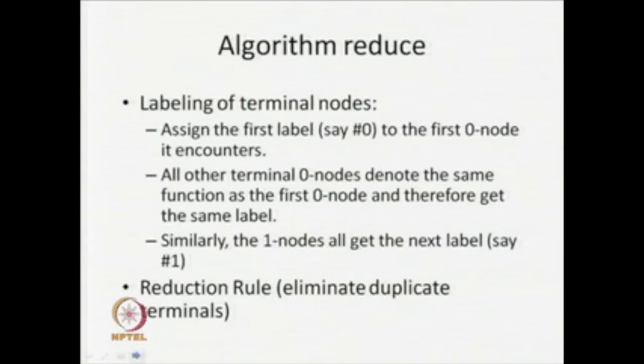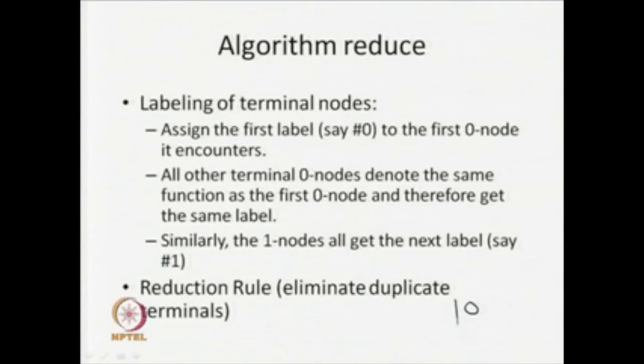Now, next task is to label the nodes. So, how are we going to label the nodes? We label 0 to the first 0 node it encounters. We are going to follow a bottom up approach starting from the terminal nodes. So, first we are going to get some 0 node, we may have more than one node labeled by 0, then we are going to assign label 0 to those particular 0 nodes.